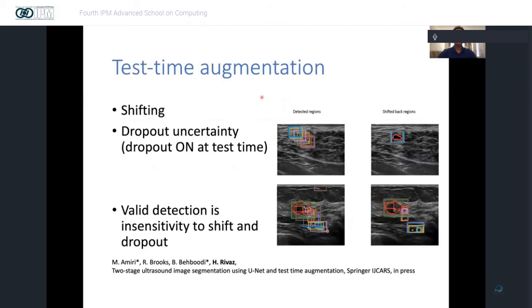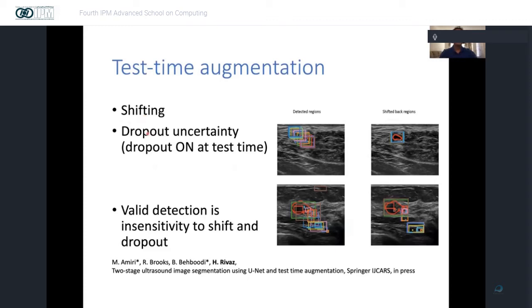All right. Still, segmentation of ultrasound images is a very difficult task, even for experienced radiologists. This is not an easy task. So here, what we tried to do was test time augmentation to find out the accuracy of our segmentation. We shifted the image by different numbers of pixels in different directions.